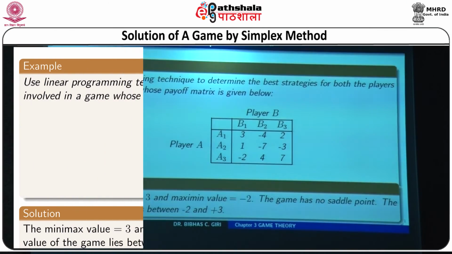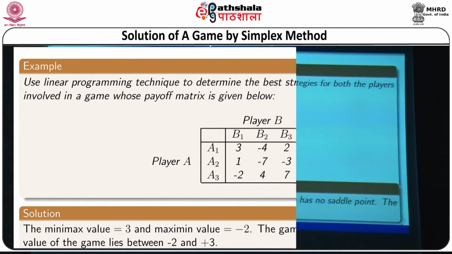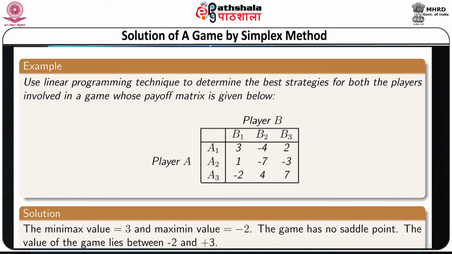Let us now consider an example to find the solution of a game by the simplex method. The payoff matrix is given as shown in the slide. The maximizing player has 3 strategies A1, A2, A3, and the minimizing player has 3 strategies B1, B2, B3.